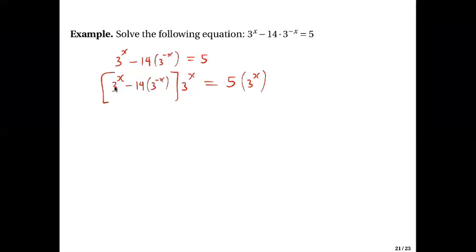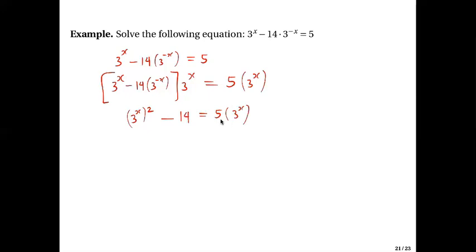Of course, 3 to the x times 3 to the x will give you 3 to the x squared. Minus, for this guy, as I have mentioned, 3 to the minus x will just cancel 3 to the x. So we'll be left with minus 14. And then, right-hand side, let's just write it as 5 times 3 to the x.